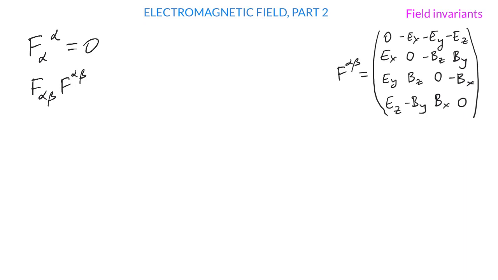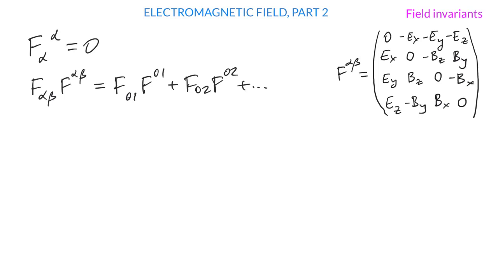Now, this quantity is in fact interesting. If we write out the components, the contraction is a sum over alpha and beta. So, for example, this will contain expressions like F01 F01 plus F02 F02, and so forth. You just sum up all of them.